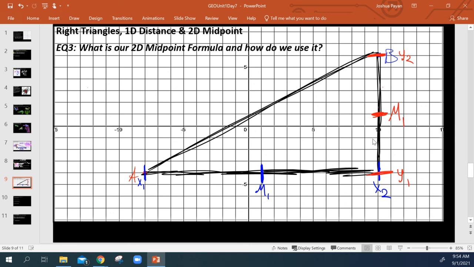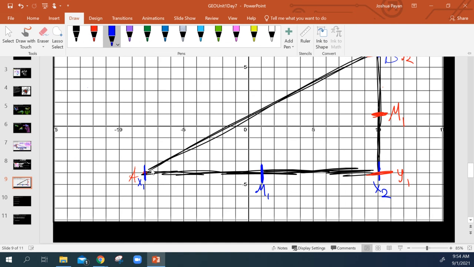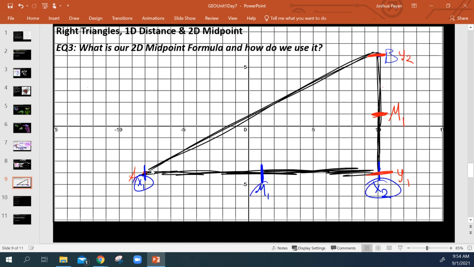So I have an x midpoint, right? I have an x midpoint here at the bottom. And that can be found by simply doing x1 plus x2 all over 2. And I also have a y midpoint. Oops. That would be y1 plus y2 over 2.